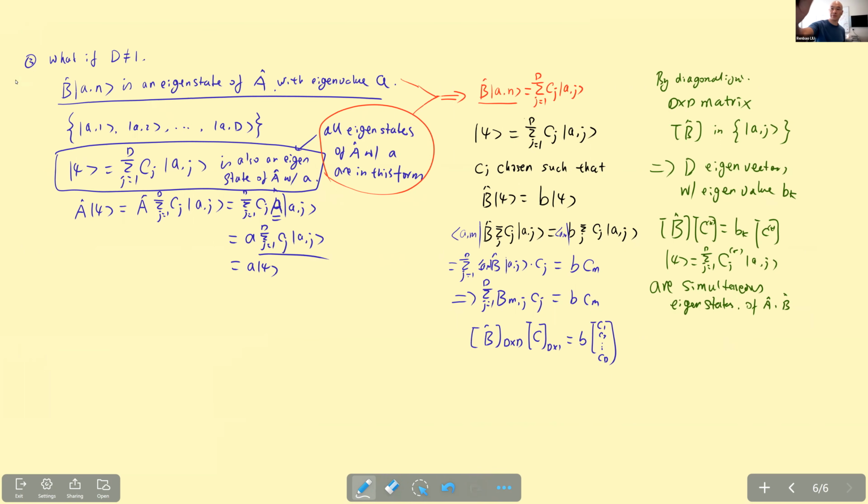So that means A and B can be simultaneously diagonalized.